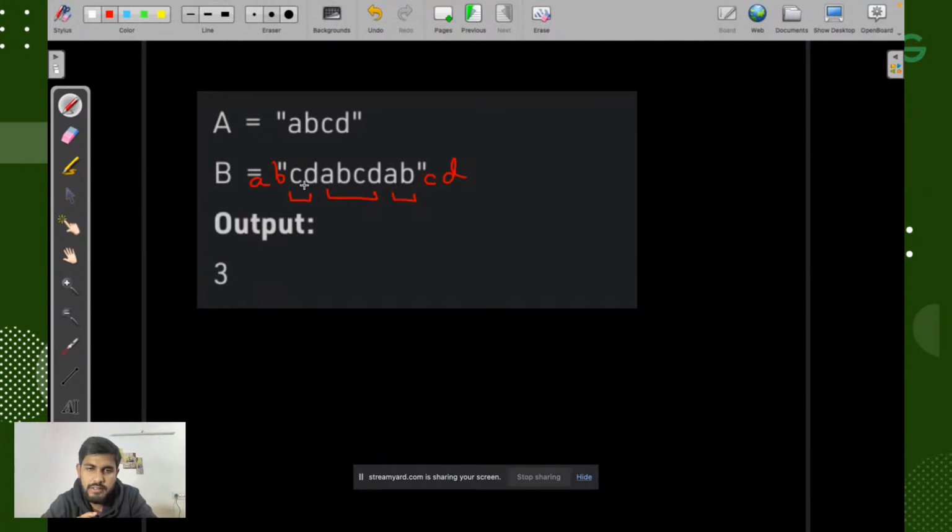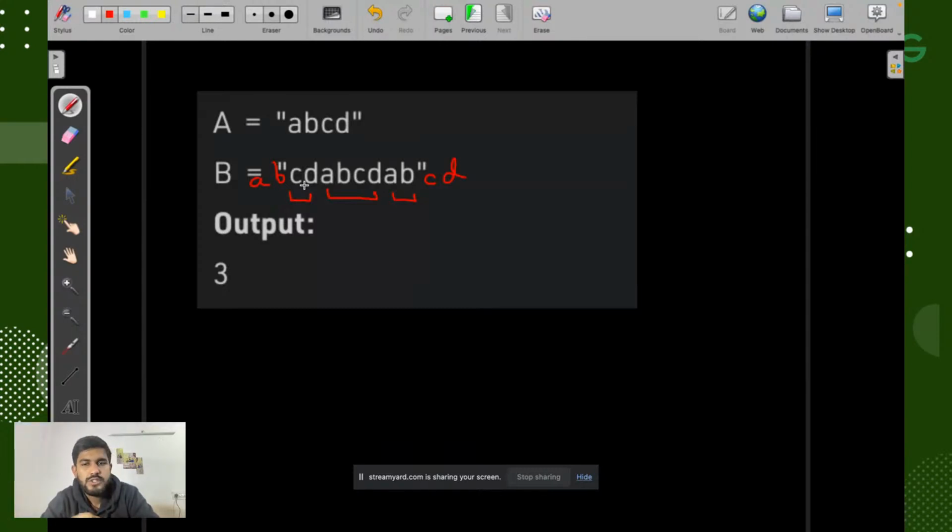This is why it is told that A, B, C, D, if it is repeated three times, then it becomes B.